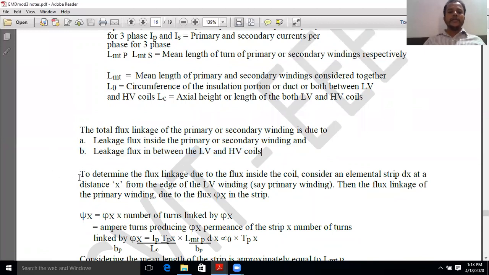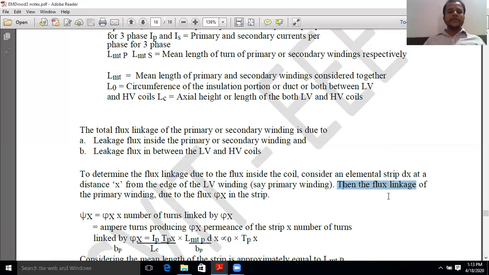So to determine the flux linkage due to the flux inside the coil, consider an elemental strip dx at a distance x from the edge of the LV winding, say primary winding.